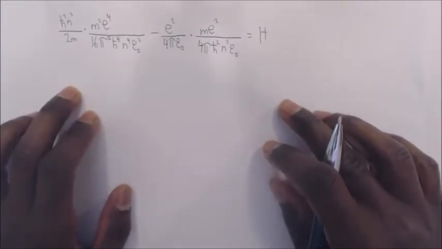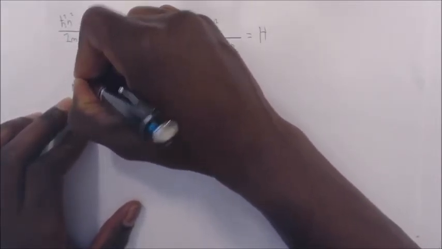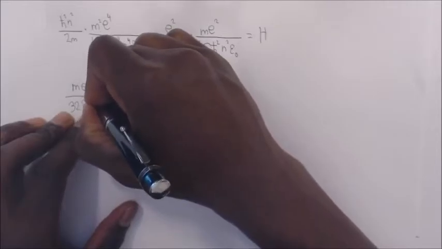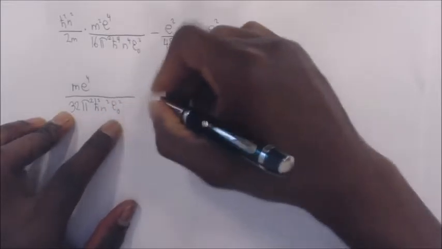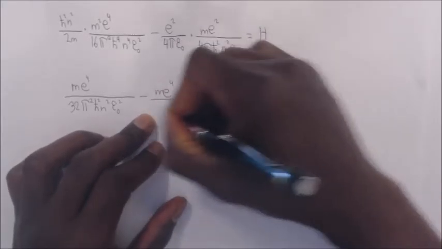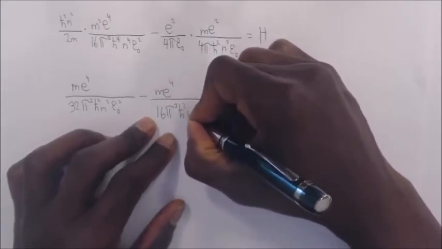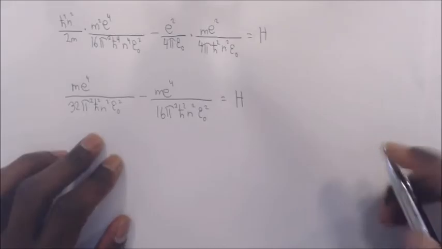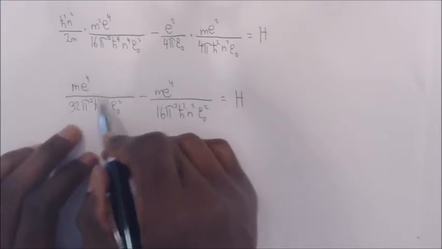And this will simplify down to m times e to the fourth over 32 pi squared h bar squared n squared epsilon sub 0 squared, minus m times e to the fourth over 16 pi squared h bar squared n squared epsilon sub 0 squared, is equal to H. Now if you notice, the potential energy term here is minus 2 times the kinetic energy term.